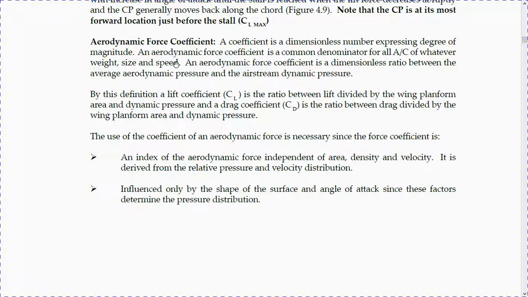And the drag coefficient is the ratio between drag divided by the wing planform area and dynamic pressure. So it's just a factor, a coefficient. It's the ratio between drag, which can be calculated, divided by the wing planform area and dynamic pressure, so it will be valid at any speeds.